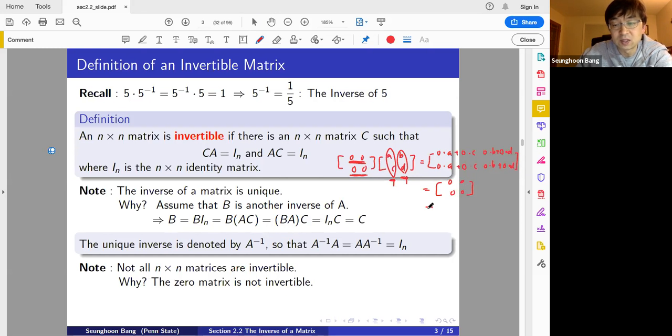This is not equal to the identity matrix 1, 0, 0, 1. So the 0 matrix is not invertible.